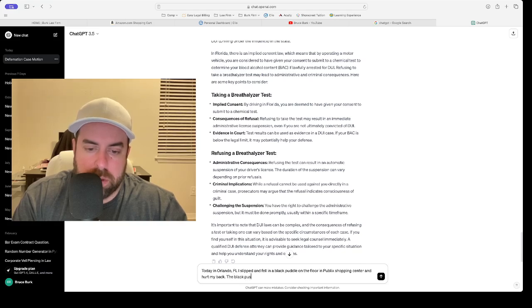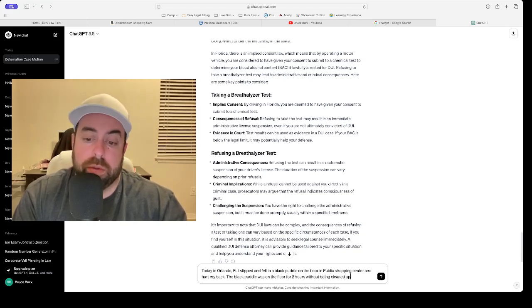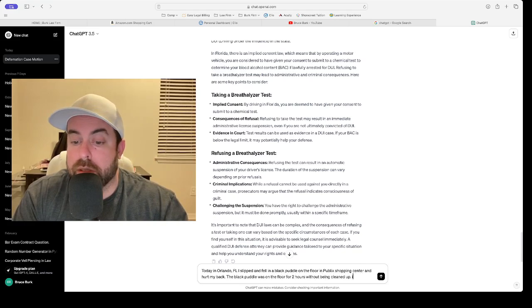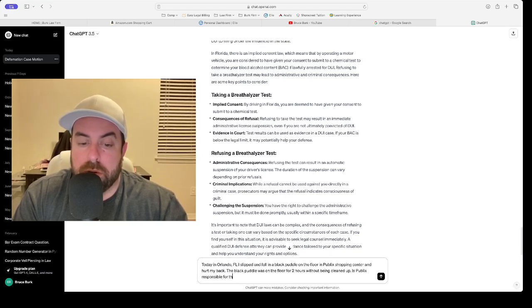The black puddle was on the floor for 2 hours without being cleaned up. Is Publix responsible for my injuries?